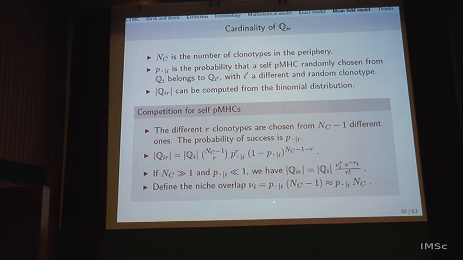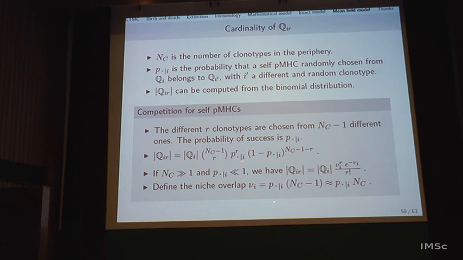What I can do there is just a very simple binomial distribution. The probability to have a competitor is this probability, and if your diversity of clonotypes is NC, I is fixed, so you have NC minus 1 different clonotypes. I need to choose R competitors.